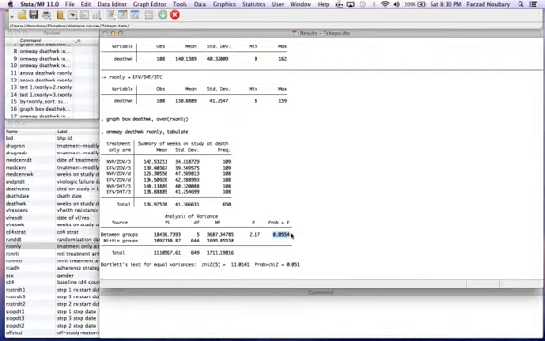This is not any different than if we would have gotten a value of 0.049 here, for example. They're very similar. So for me, I would probably conclude that there's probably at least one mean which is different from the rest based on this 0.0554 global p-value that we got here.